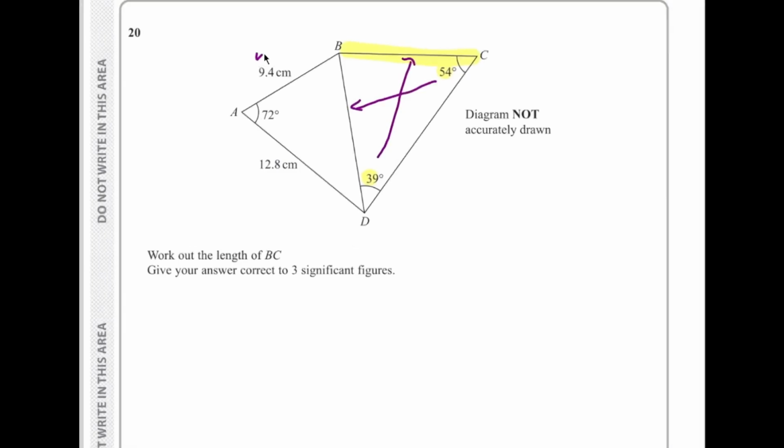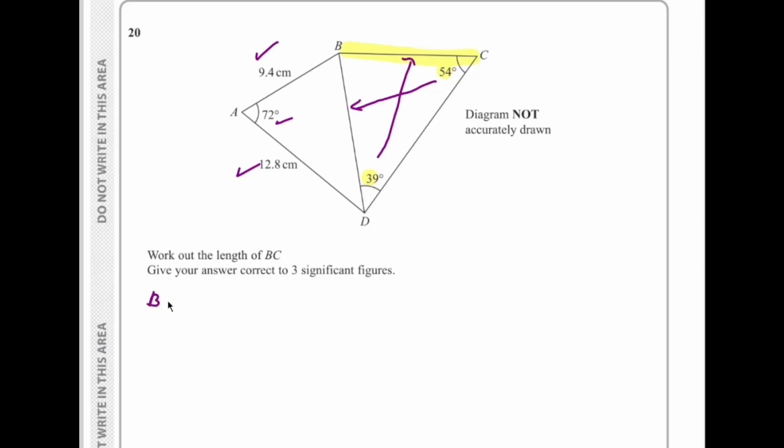How to get BD? Since this side, this angle and this side, all three are given, I can use the cosine rule. So let's apply the cosine rule to get BD. Then that BD can be used to get what BC is using the sine rule. Right. Let's get what BD is first.